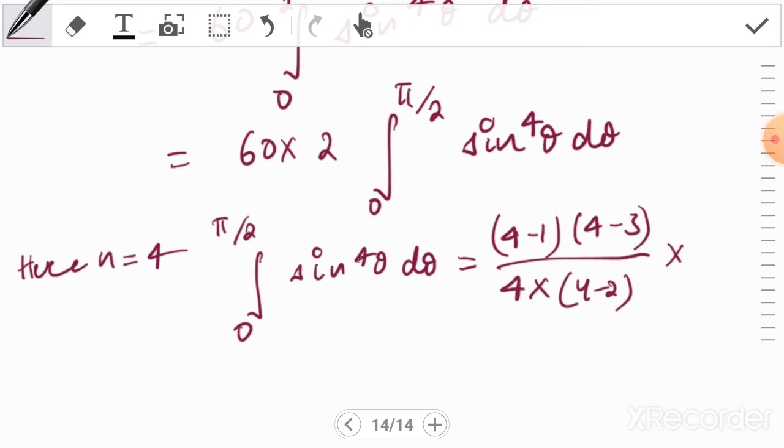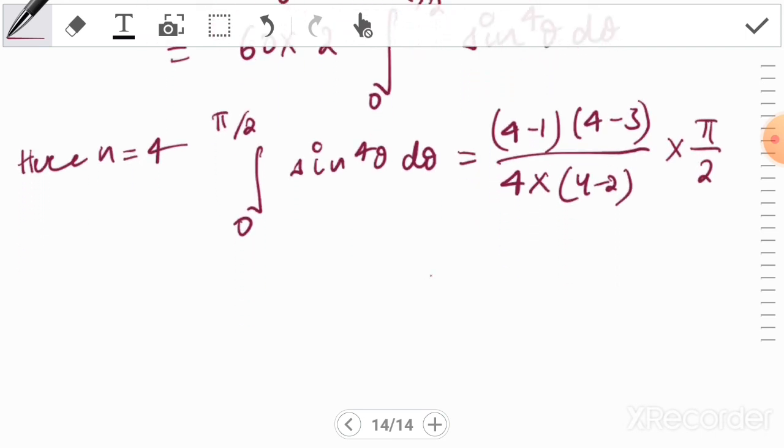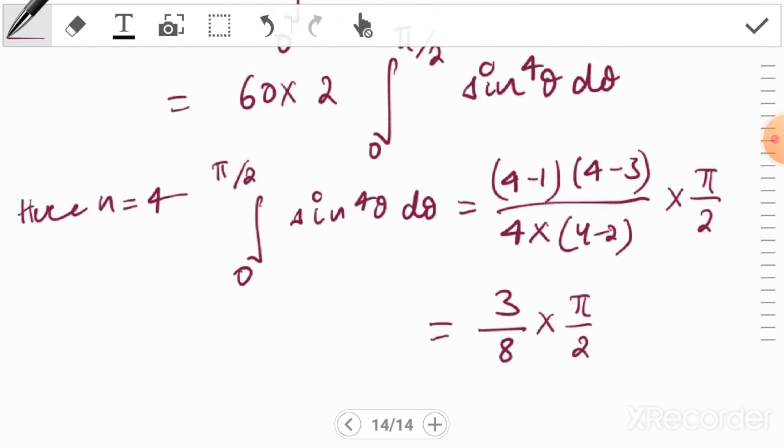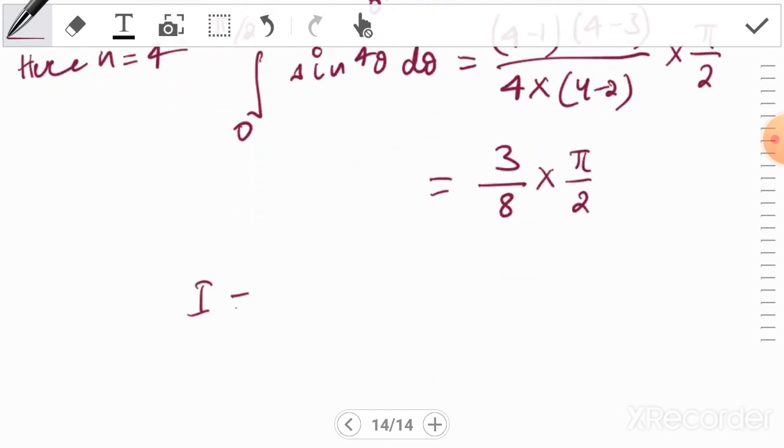And since this 4 is even, we have to multiply by pi by 2, which is equal to 3 by 8 into pi by 2. So the required integral I will be equal to 120 into 3 by 8 or 3 by 16 pi. So this is the required answer.